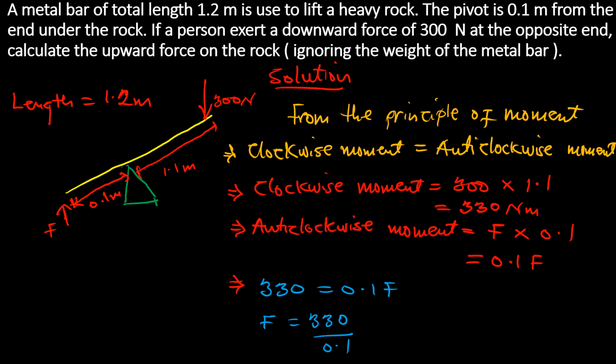By using the calculator, this will give us 3,300 Newton. So therefore, the upward force on the rock is 3,300 Newton.